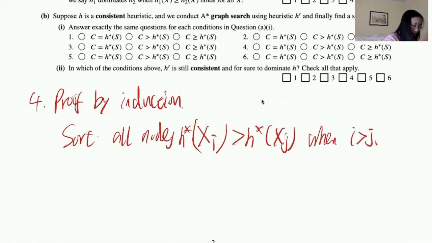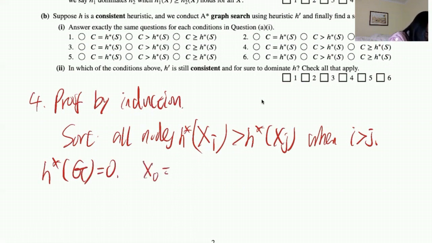For example, we know that for the goal node, H star of g is equal to 0. So definitely at least we know that X0 will be g, and so on.